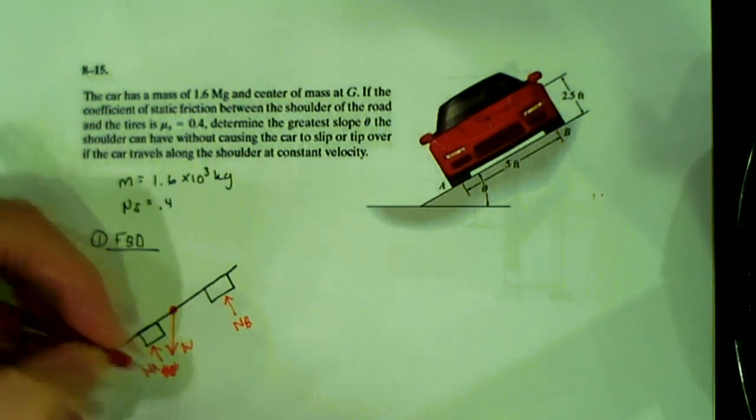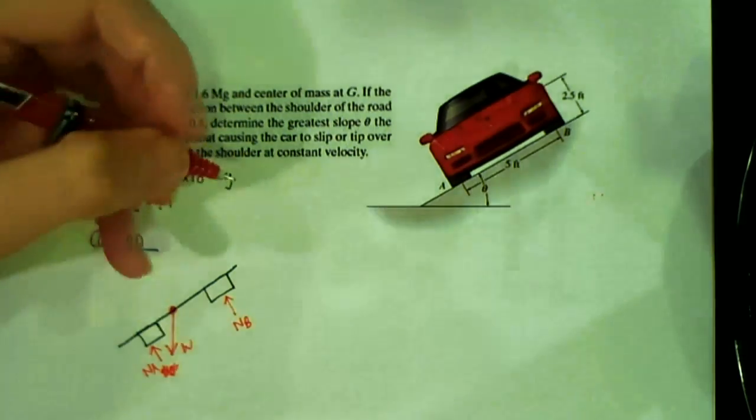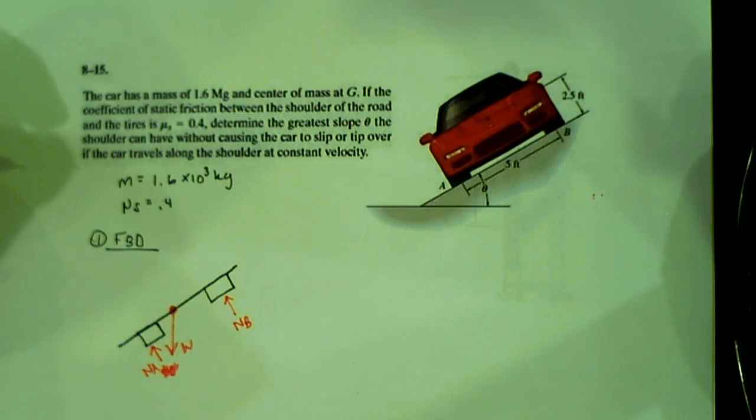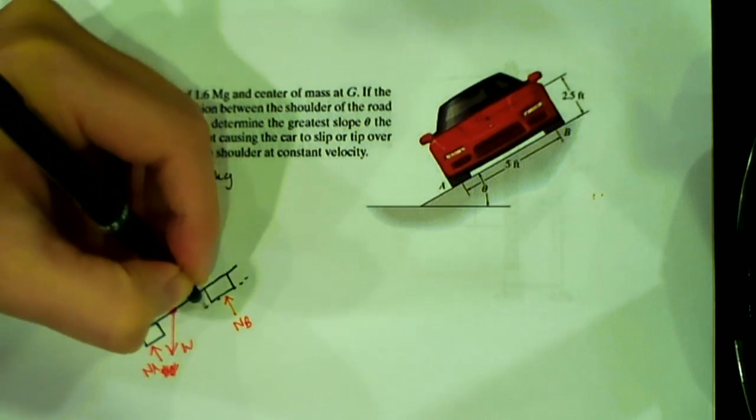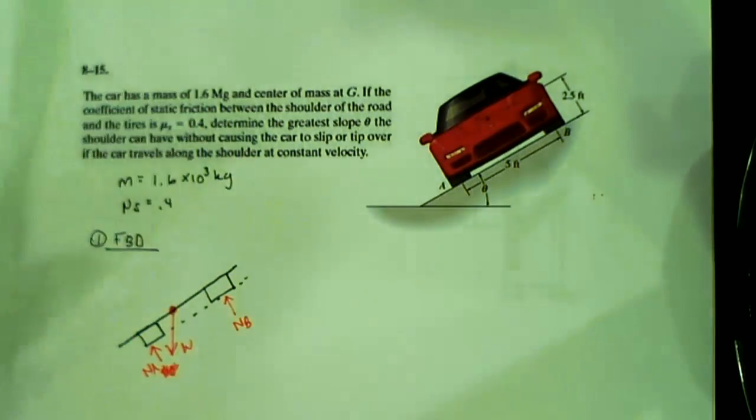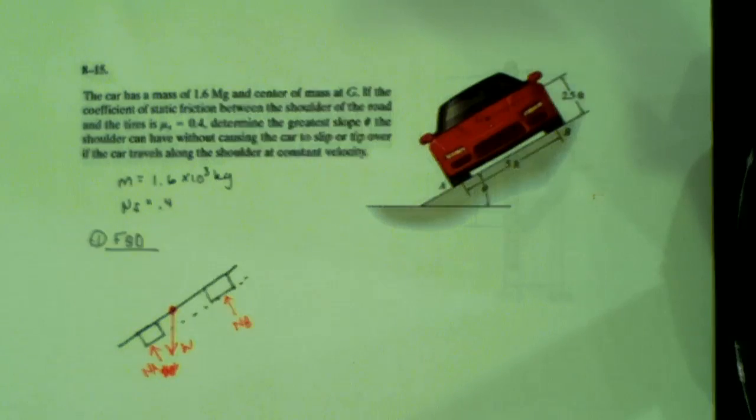Here we have our normal at A. No, that's the car. Here's the road. Stop it. Don't question it. It's a very low profile car, okay? So now you got me distracted by my own drawing.